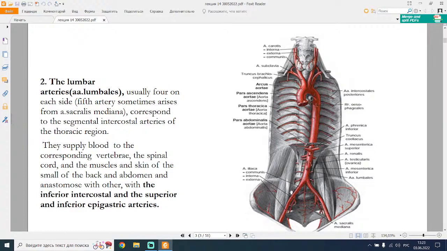They supply blood to the corresponding vertebra, the spinal cord, the muscles and skin of the small of the back and abdomen, and anastomose with the inferior intercostal and the superior and inferior epigastric arteries.